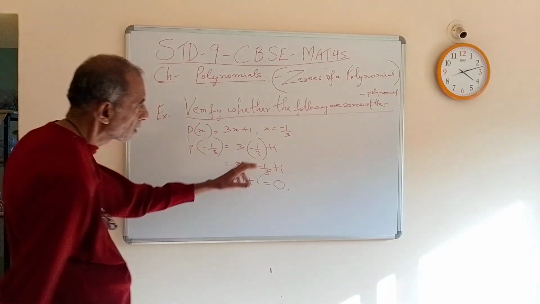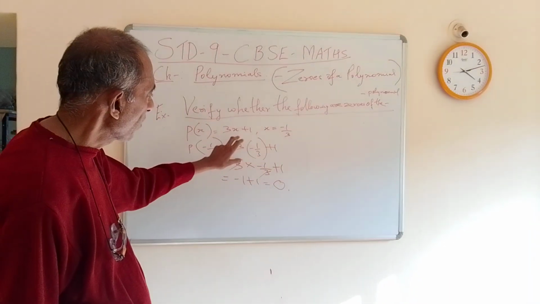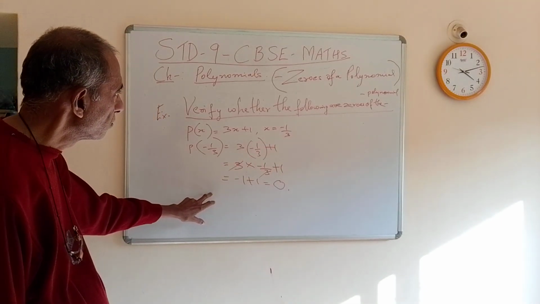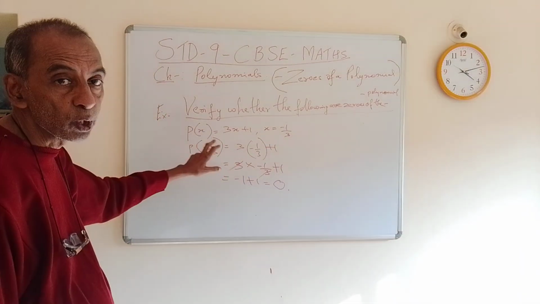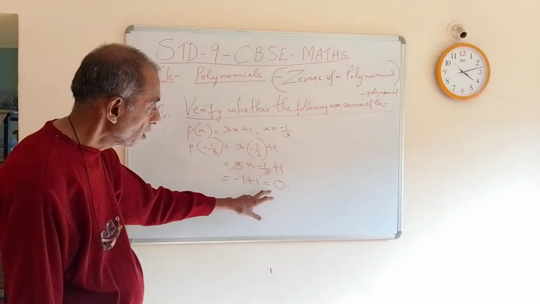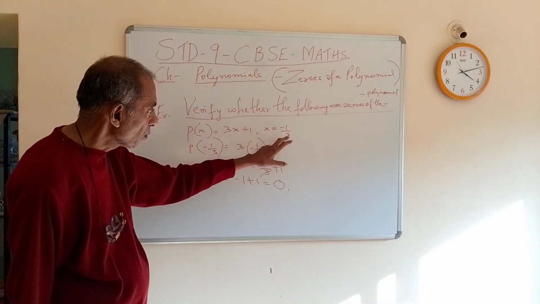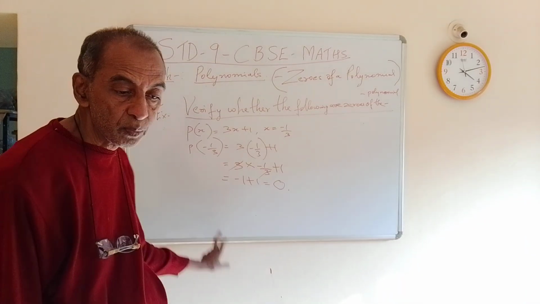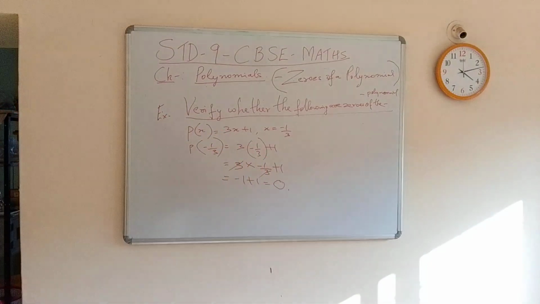So it proves that if the value of x is taken as minus 1 upon 3, it is a zero of this polynomial. You got it? So here x is equal to minus 1 upon 3 is a zero of the polynomial. That is proven here.